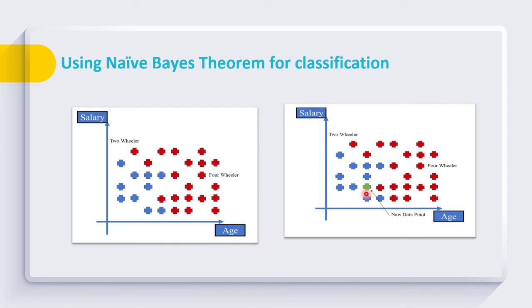The task of the classifier is to predict for this new data point, who is a new joining to this company, whether this particular employee will commute on two-wheeler or on four-wheeler based on his salary and age. So we have to build a classifier to predict whether this new joining will commute to office by two-wheeler or four-wheeler based on his age and salary.